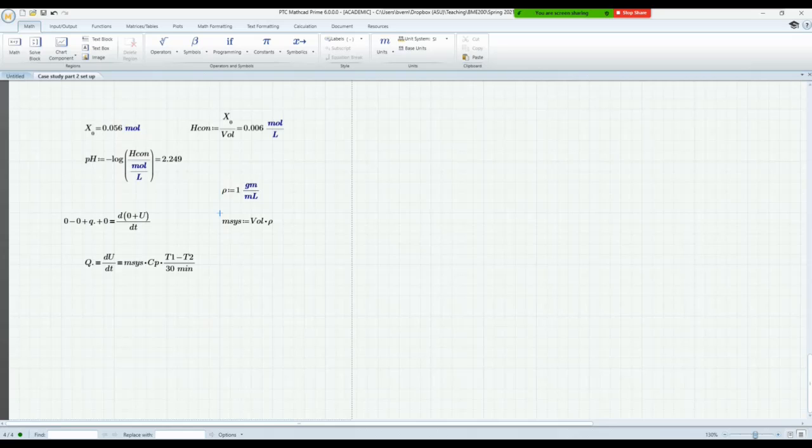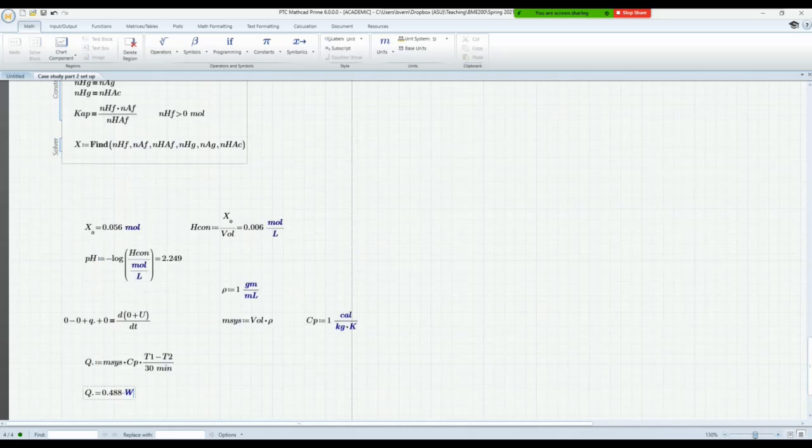This is the net mass of the system, the mass of the water inside the bioreactor. Cp is something that we have to look up. We can assume it's close to water, so Cp is equal to 1 cal per gram Kelvin. That's the Cp of water. And so then we can replace this with Q dot equals this. So then in the end, Q dot is equal to, there's your answer.